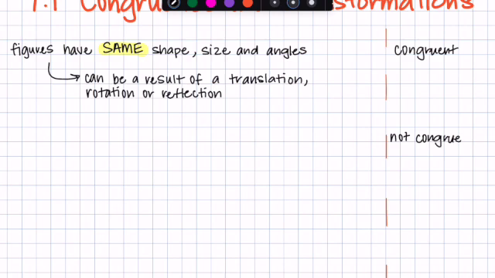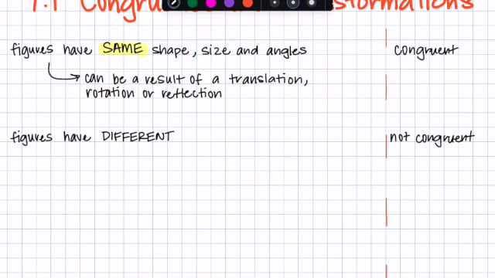Now we've got to talk about what it means to not be congruent. That's when figures are going to have a different shape, size, and or angles. So it only needs to have one of these three things be different in order for it to not be congruent.